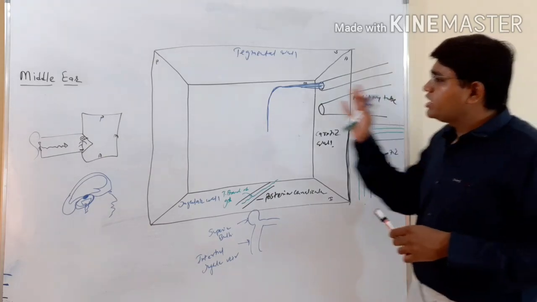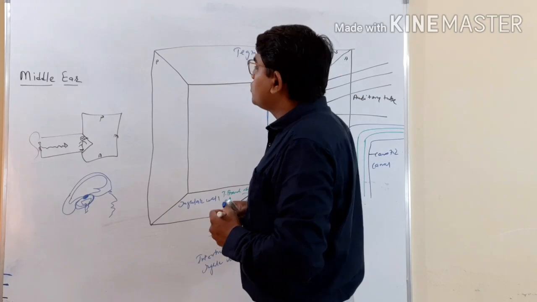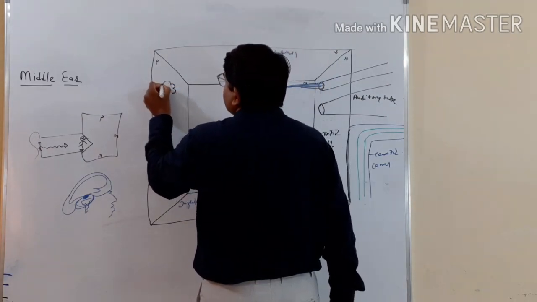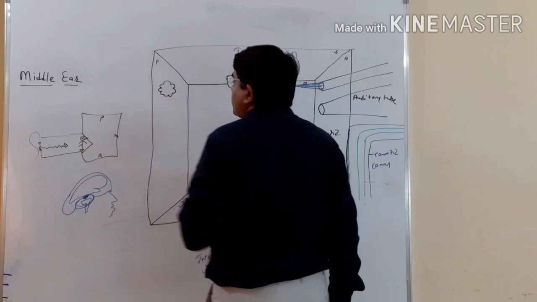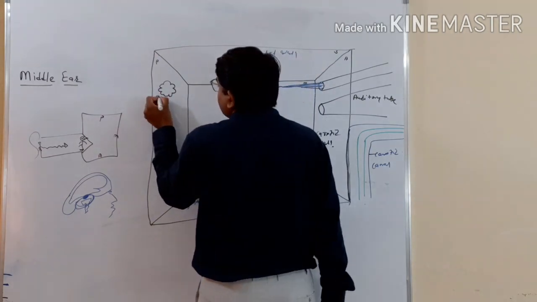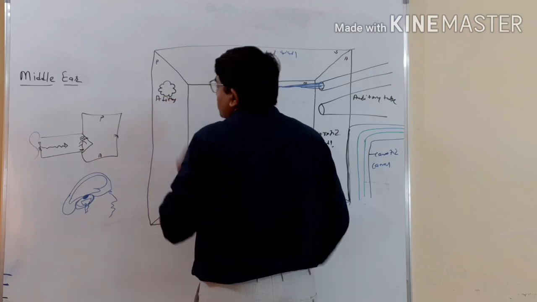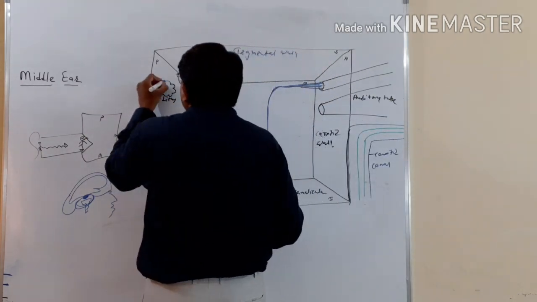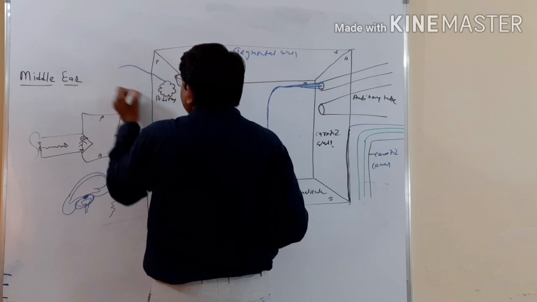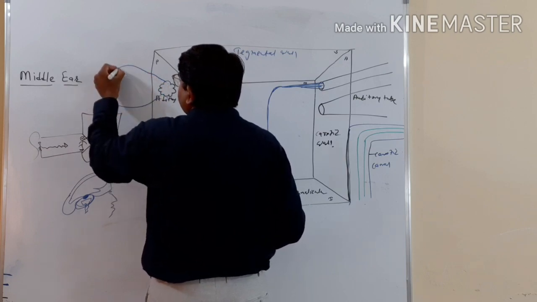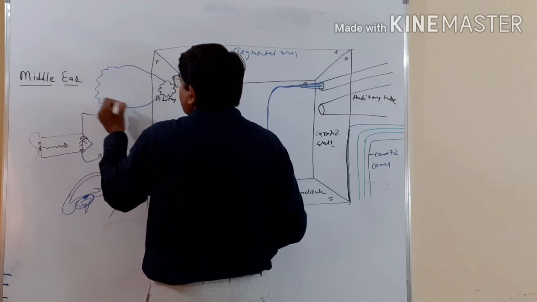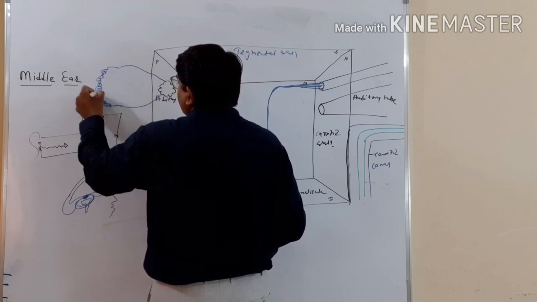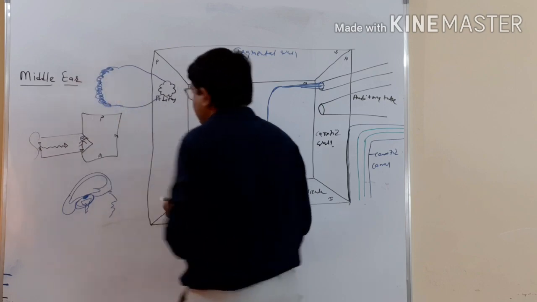Now the posterior surface. On its most superior part, there is one opening, known as the aditus, and this aditus opens on the posterior side into the mastoid cavity, where there are mastoid air cells.